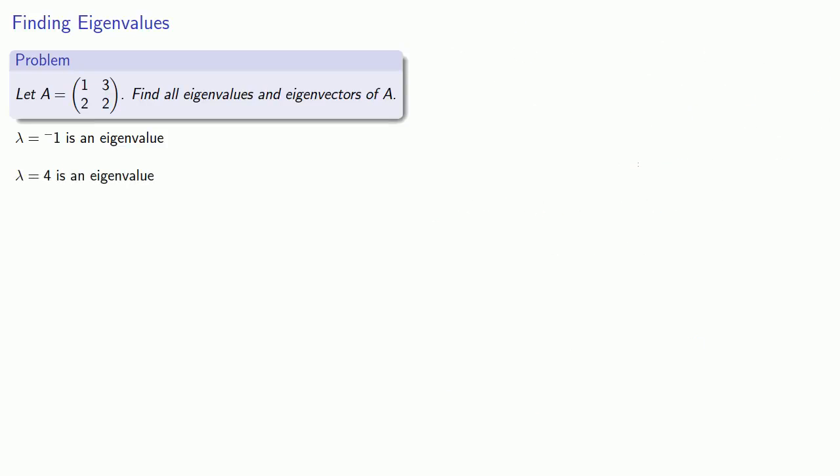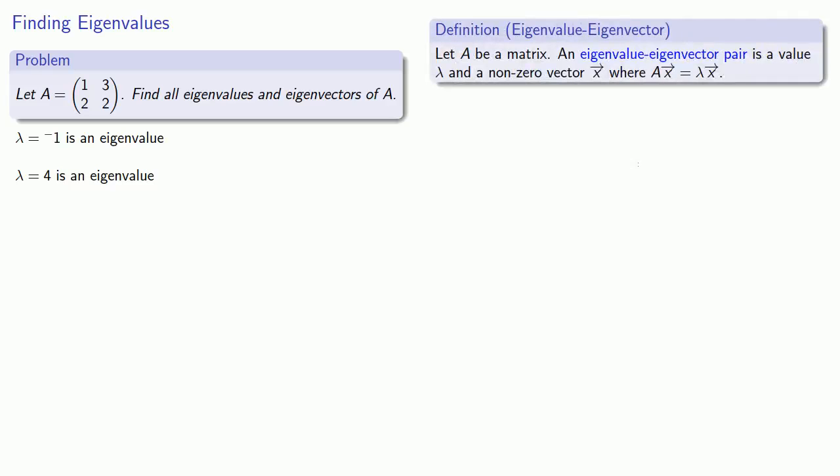So how do we find the eigenvectors? Remember that when our linear transformation acted on the eigenvector, it produced a scalar multiple of the eigenvector. And since we know the eigenvalues, this allows us to set up a system of equations. So for lambda equals negative 1, we know that our matrix, acting on the vector x1, x2, gives us negative 1 times x1, x2.